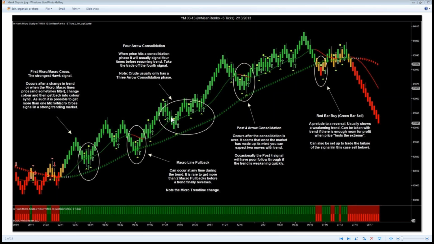A lot of times it will work itself into a sideways channel or a bull or bear flag, depending on whether the market's going higher or lower. But after we generate three signals, we're really on the lookout for that fourth signal, because that's usually the one where the market's going to go. After that, we have our post four arrow consolidation. This one coincidentally also a macro pullback signal.